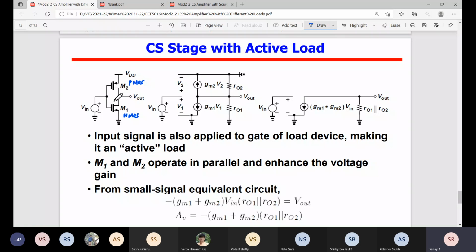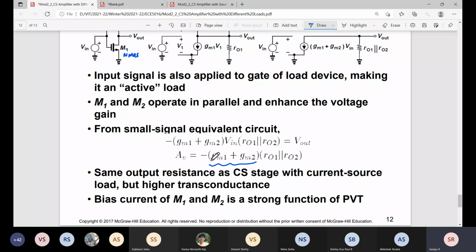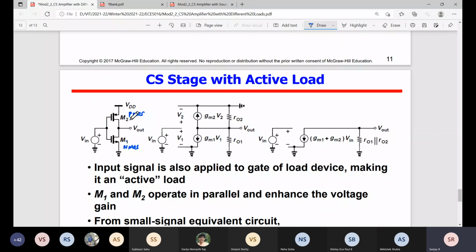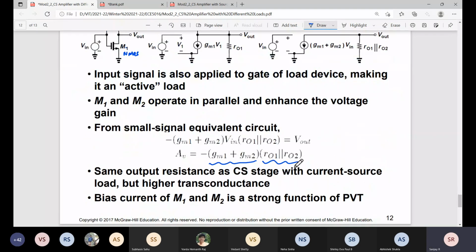Previously, only the other stage was the load, and we took that load resistance. Now there are two input transistors, so what is the total transconductance? GM1 plus GM2. Am I right? Yes, sir. GM1 plus GM2. What is the output resistance? R01 parallel to R02. It is an inverting amplifier. Is it understandable?